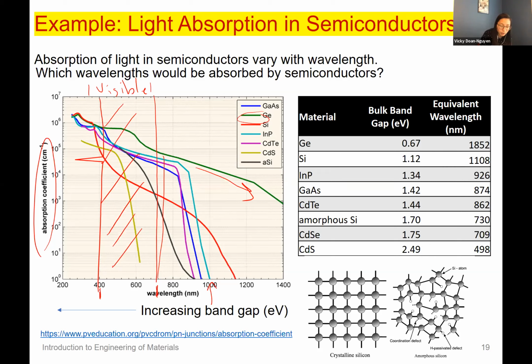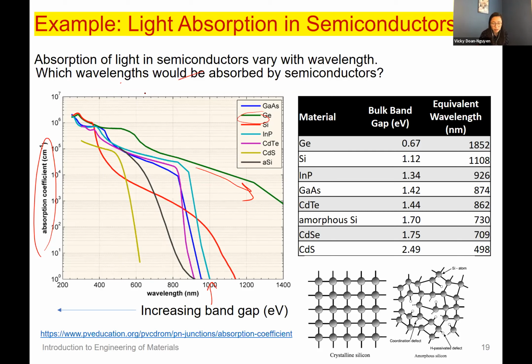Okay. So what people have done is they can take a look at the band gap and say, okay, if I have silicon, its bulk band gap is 1.12 eV. Amorphous silicon, its band gap is a little bit higher due to a number of things. It's actually quite controversial as to why the band gap of amorphous silicon is larger than that of crystalline silicon.